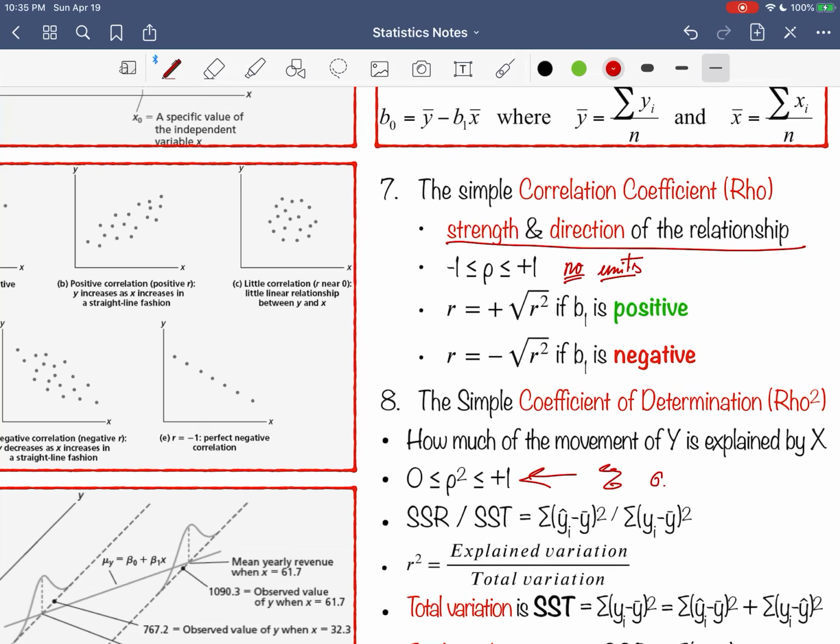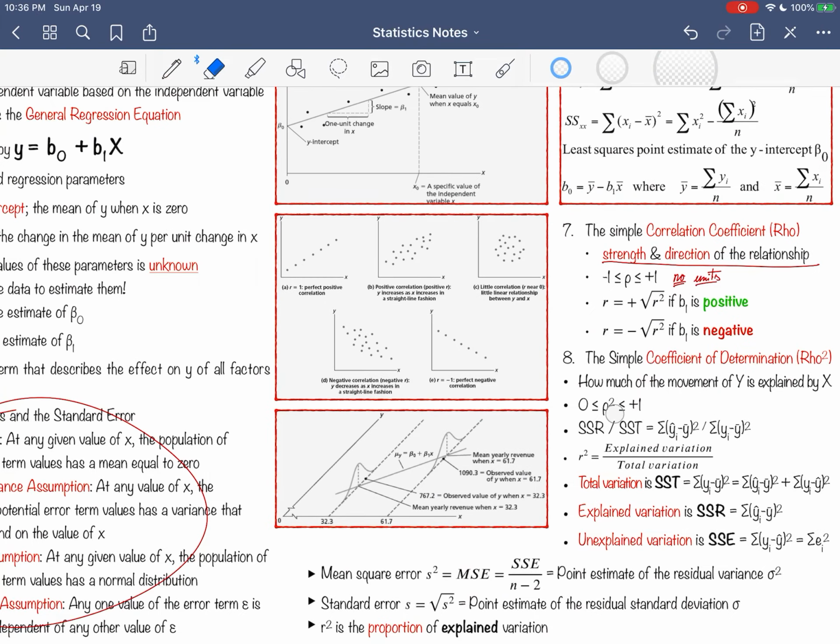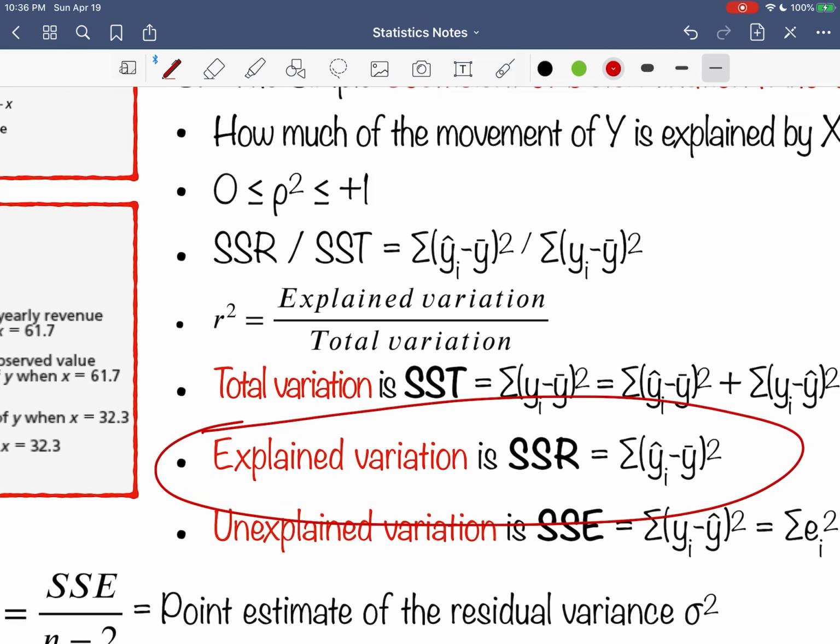So if 0.76 is your R squared, it means 76% of the movement of Y has been explained by X. In order to calculate R squared, it is a ratio of SSR over SST. SSR is called the explained variation. The equation is right here. So it is the difference between predicted and average. And the denominator is SST, which is total variation. It is the sum of explained and unexplained variation.